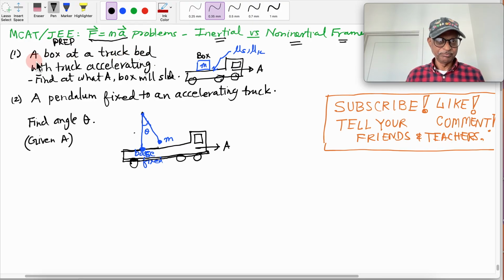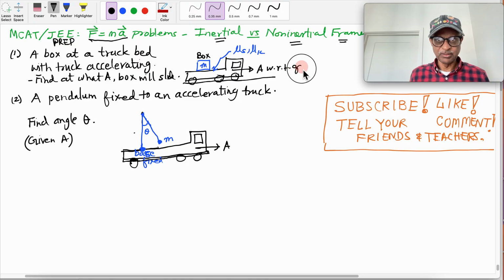So here is a classic problem. A box sits on the bed of a truck, and the truck is accelerating with respect to the ground. Acceleration is that way.